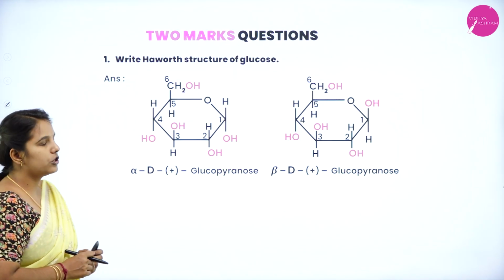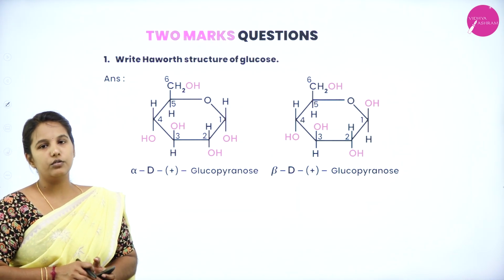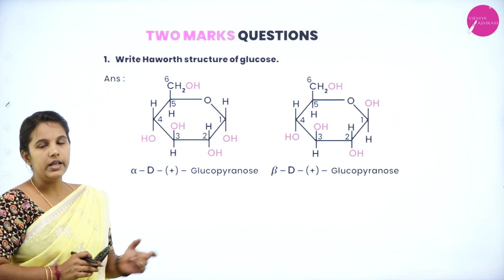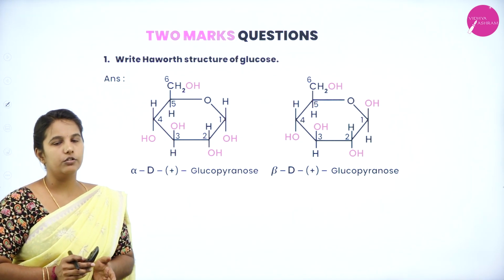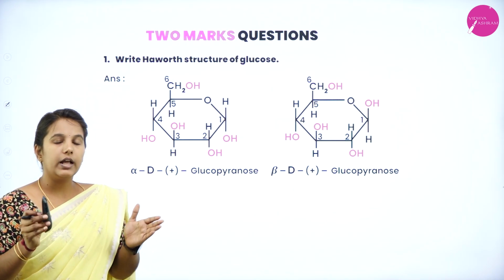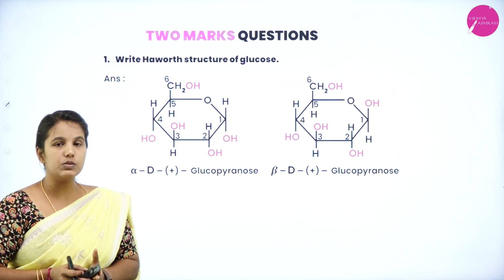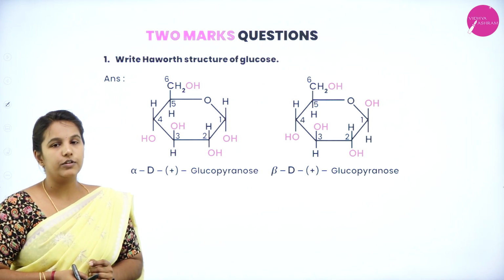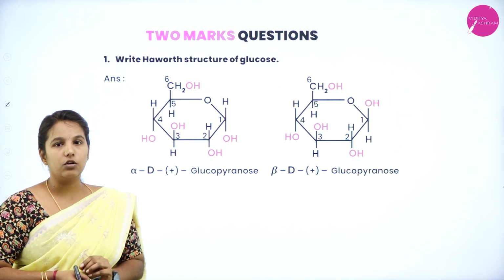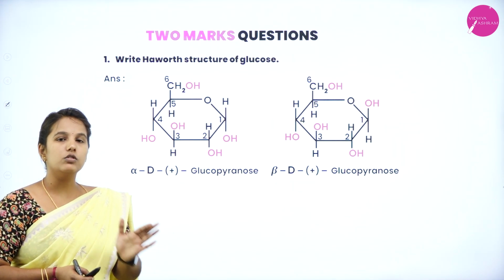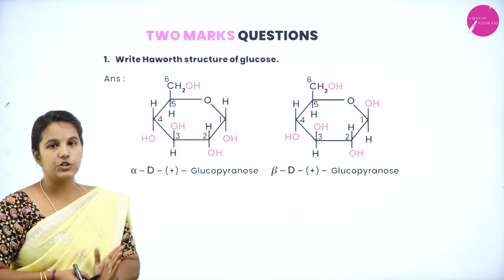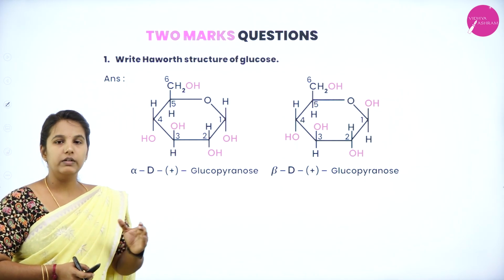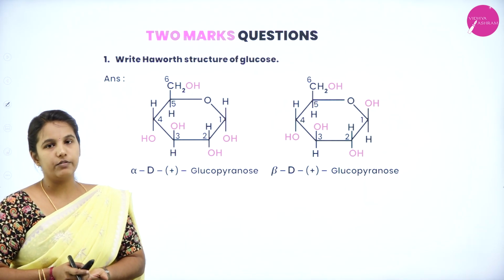Write the Haworth structure of glucose. It is very, very important to know the writing part of the Haworth structure of glucose. If they don't ask you to write a Haworth structure, they can give you the important reactions exhibited by glucose, like in the structure elucidation of glucose, how the glucose will exhibit the 5 OH bonds, and what is the nature of the carbonyl group, whether it is an aldehyde group or a ketonic group present as the functional group.